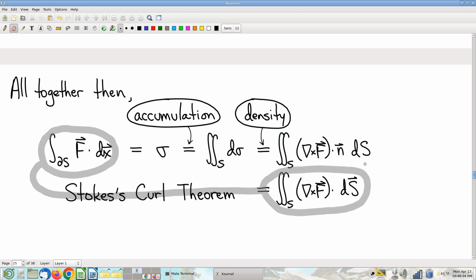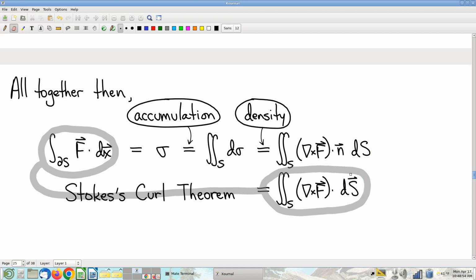Now I'm going to do the rewrite here now that we've got a result. Recall that this right here, in a stroke of seemingly completely random good luck, is little n times dS scalar. That was our definition of the dS vector.